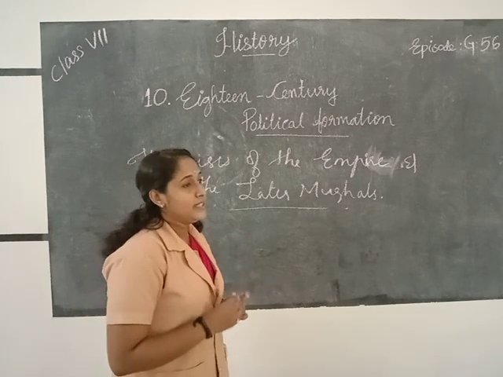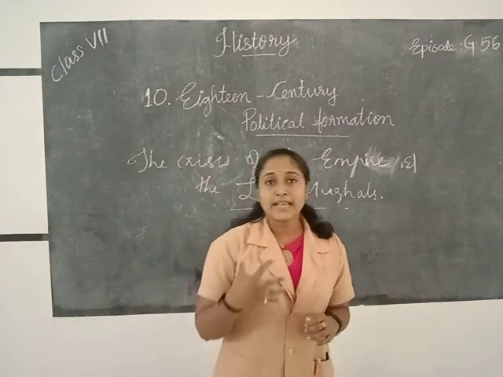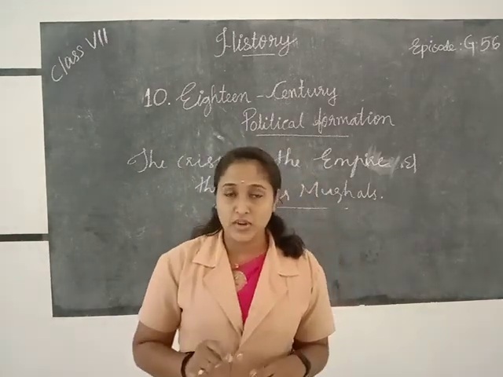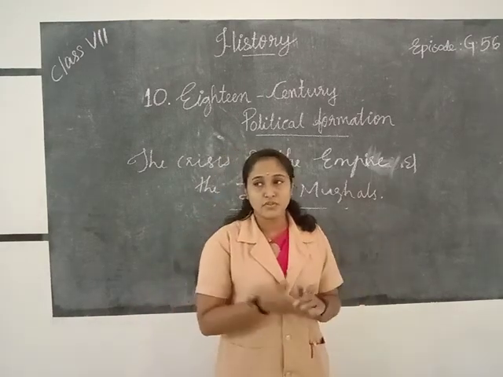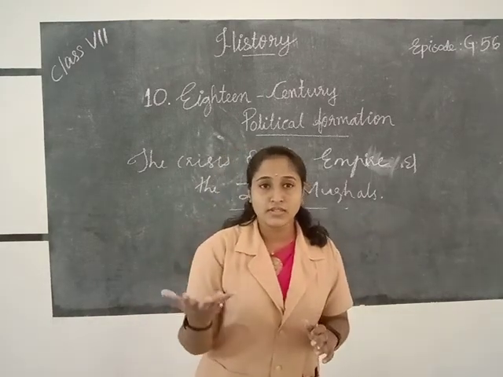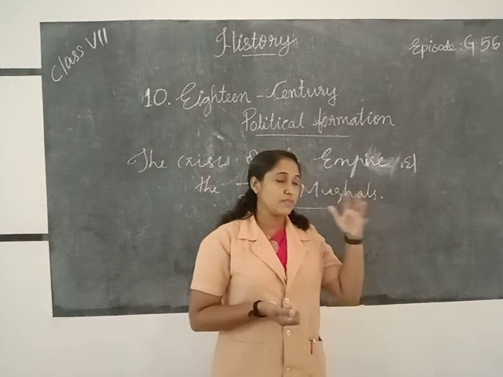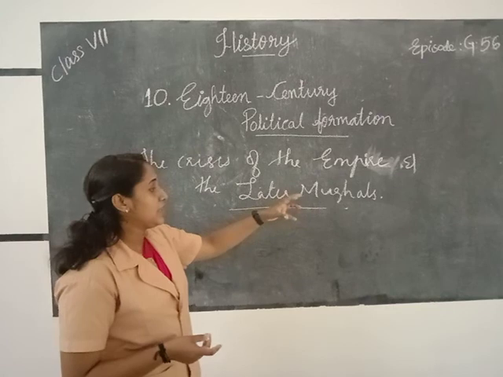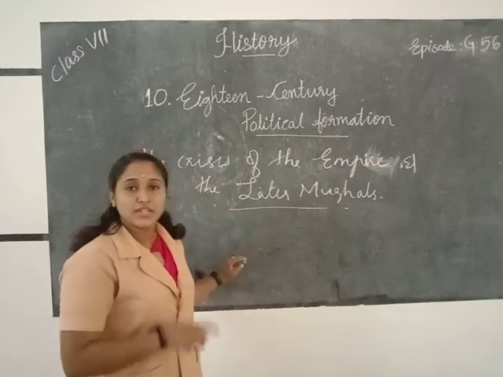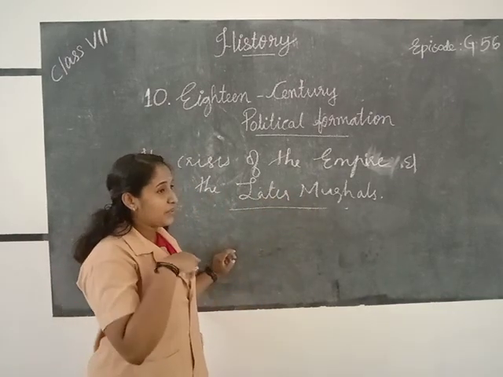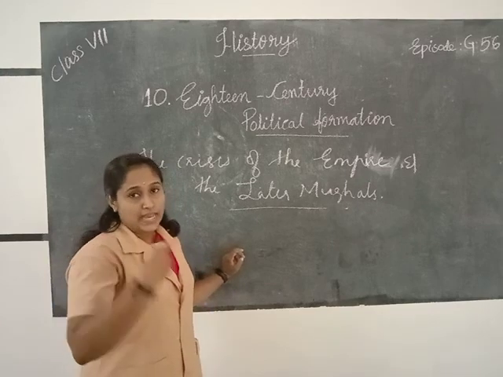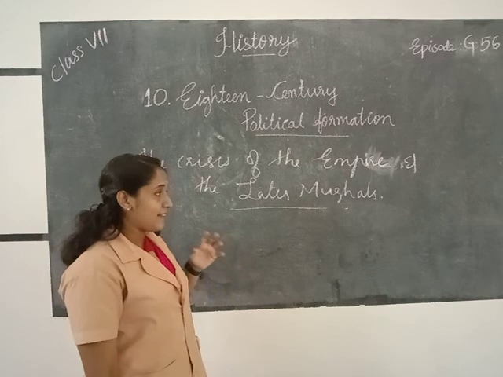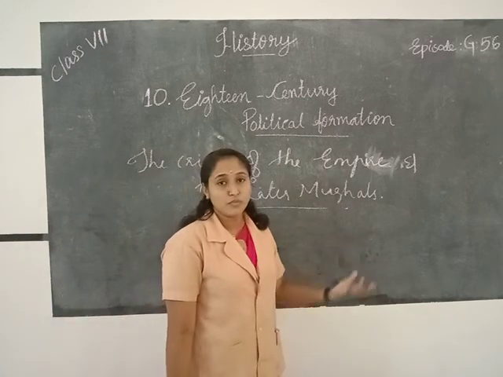We know that the Mughals wanted to expand their kingdom, and they used their military forces, right? We also discussed the fortified cities and that kind of information in our previous class. And the Mughals also wanted to give more importance to their military forces, and they created new taxes and new kinds of revenue systems for the development of these militaries.